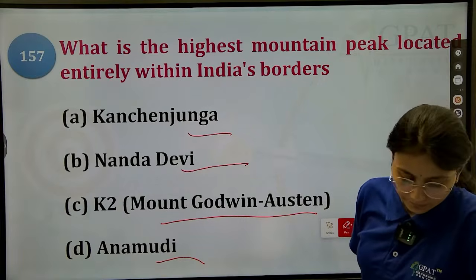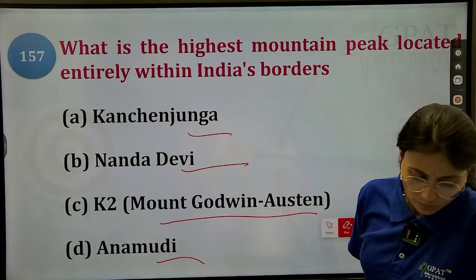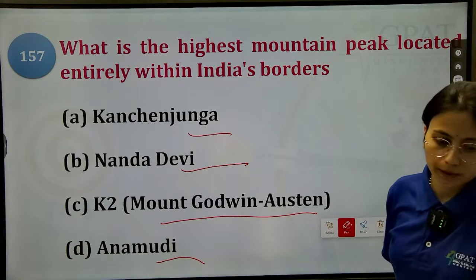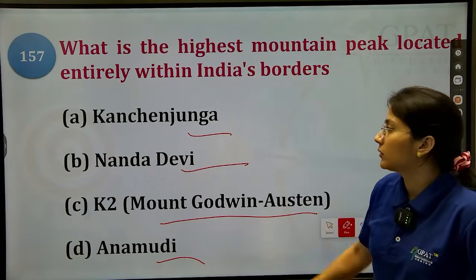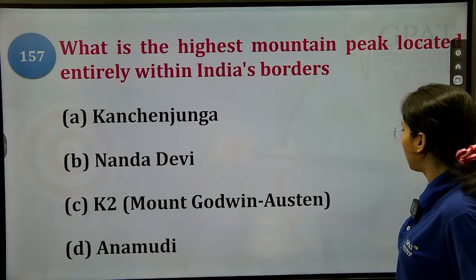What is the highest mountain peak located entirely within India's border? That is Kanchenjunga. Option number A is correct.